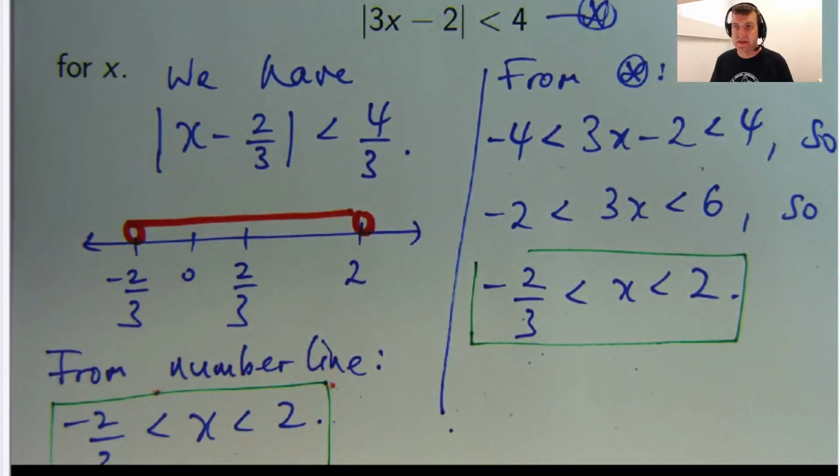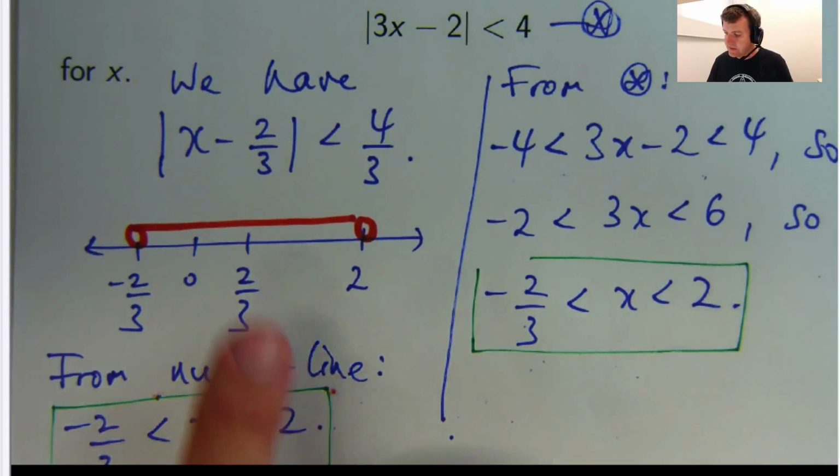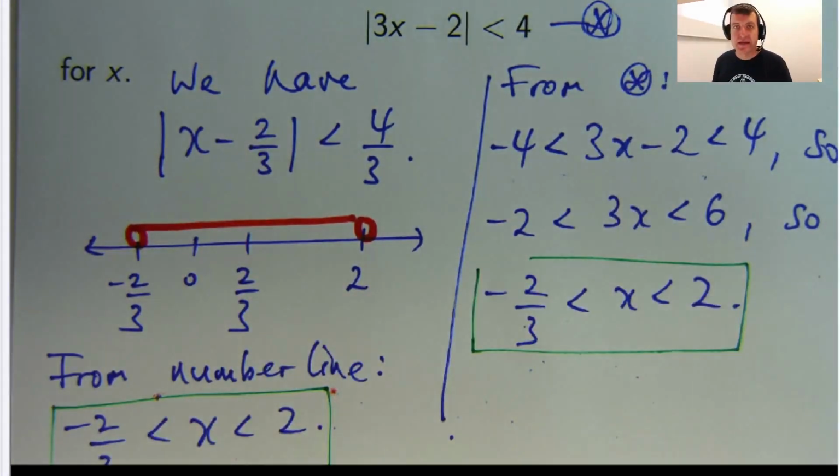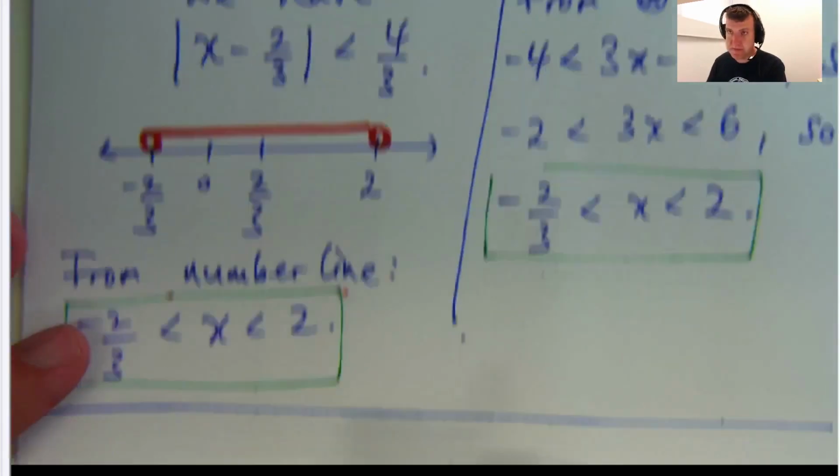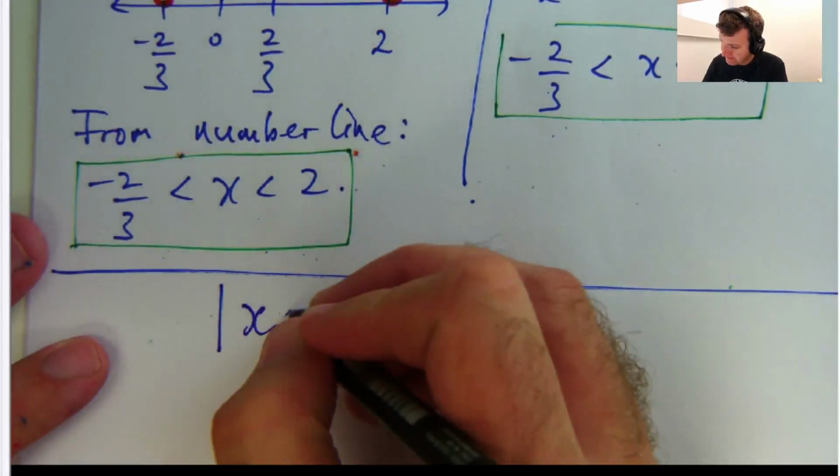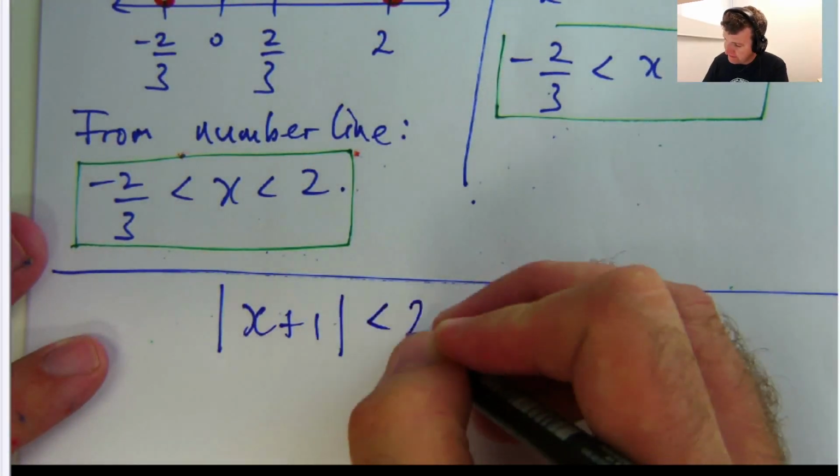So, geometric way, algebraic way. Now you should choose the method that works best for you. Some people are visual, some people are perhaps a bit more algebraic. It's up to you what is quick and easy and effective for your learning. Now, if I had something like this, what does this mean?